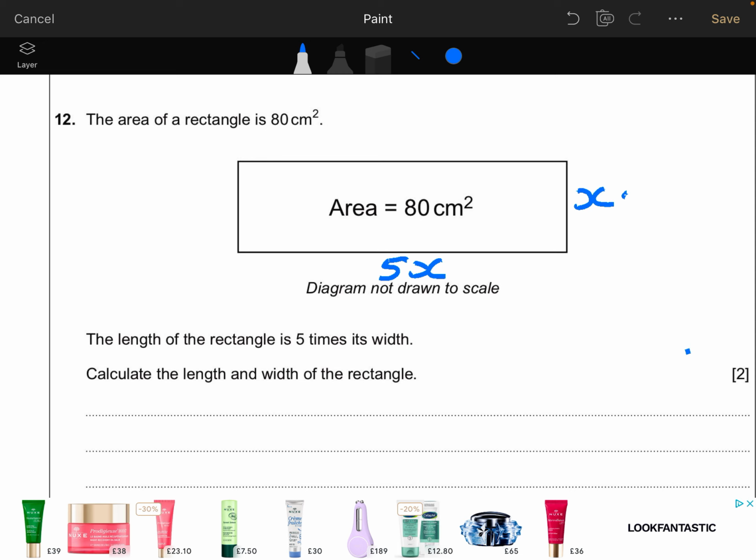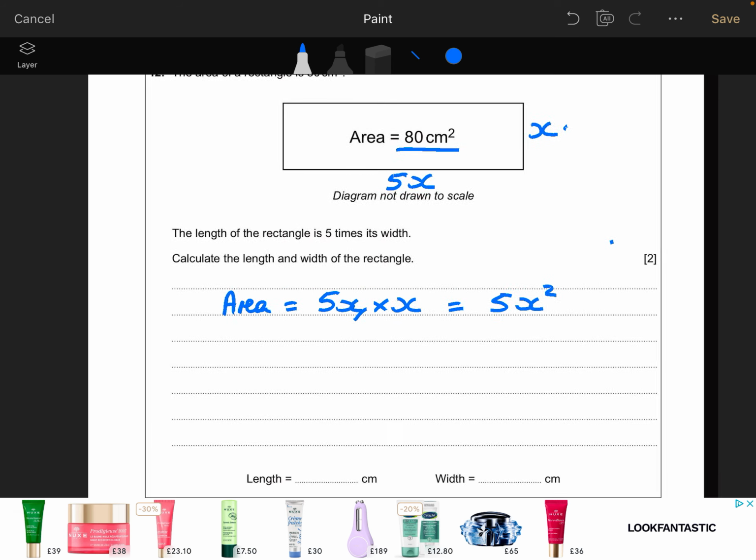Calculate the length and the width of the rectangle. Well, if I was working out the area, the area equals the length times the width. That's 5x times x, which is 5x squared. But we already know that the area is 80 centimeters squared.